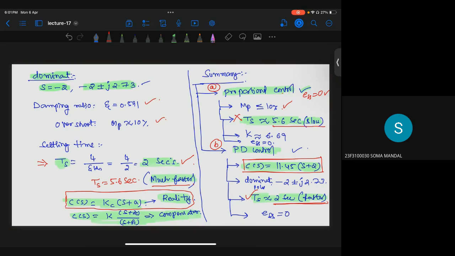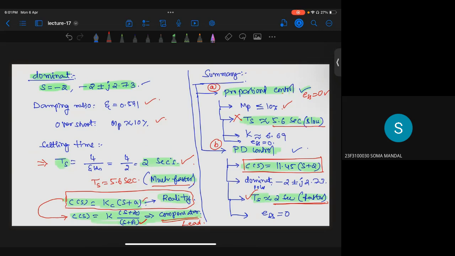To handle those practical issues, we design something called a compensator. So we don't go with just this expression. Instead, we add some pole also. In this case, we call it the lead compensator. So this is the meaning of designing the controller using root locus.